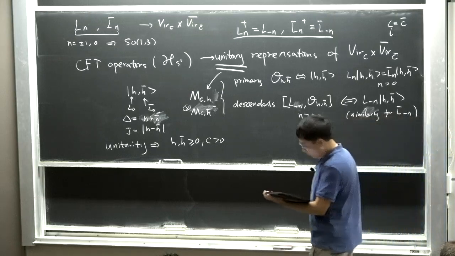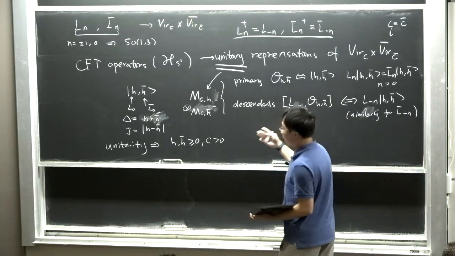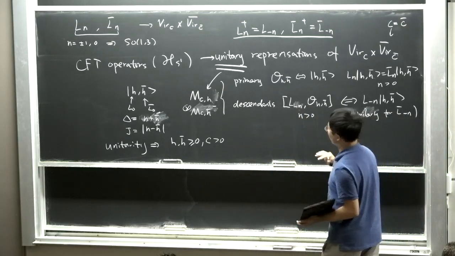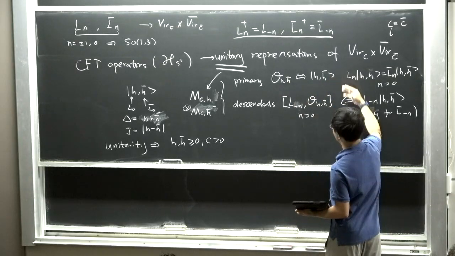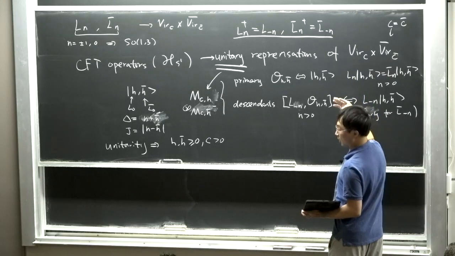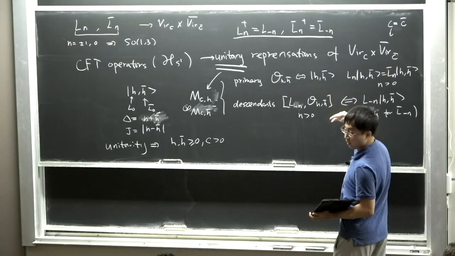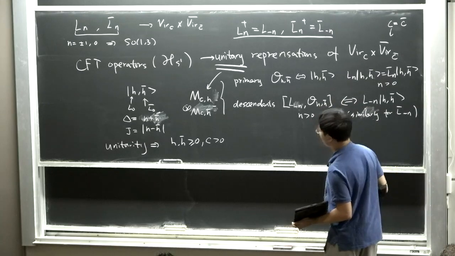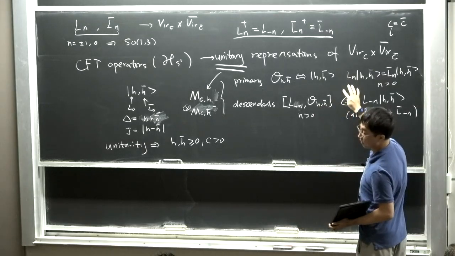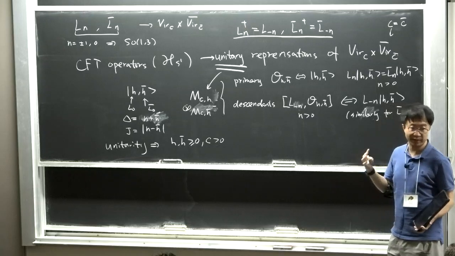And what is the constraint from unitarity? You can postulate that you have a multiplet of this type, and by construction, this multiplet closes under the action of the Virasoro symmetry. The constraint coming from unitarity says that every state in this multiplet must have a positive definite norm.